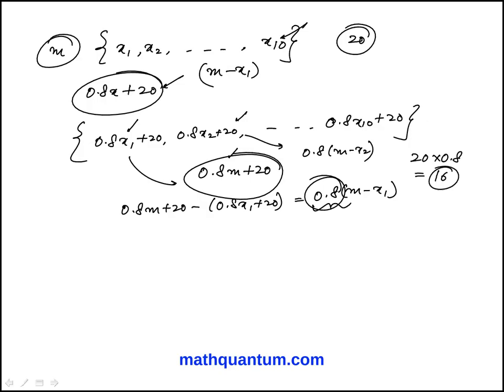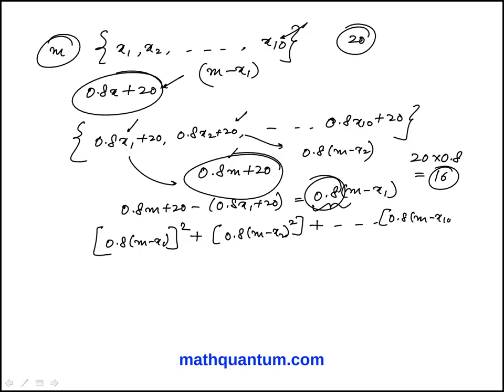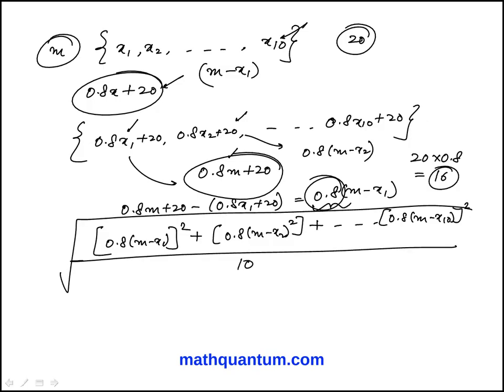If you want to see it a little bit more in the standard deviation formula, you would take this deviation and square it. You don't have to technically do any of this. Then you do that for all of these, divide by the number of terms, so 10, take the square root, and you'll see that the 0.8 squared will factor out.